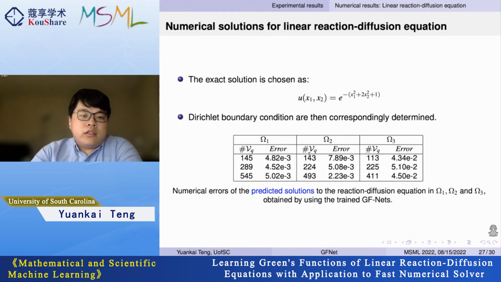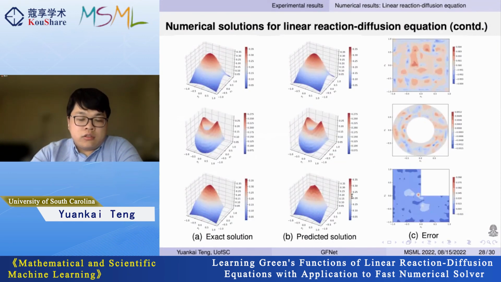And we consider the exact solution chosen as below, and the Dirichlet boundary conditions are correspondingly determined. And here is the error that we evaluated on these 3 different domains with different quadrature meshes. And here are the results of the numerical solutions for linear reaction-diffusion equations.